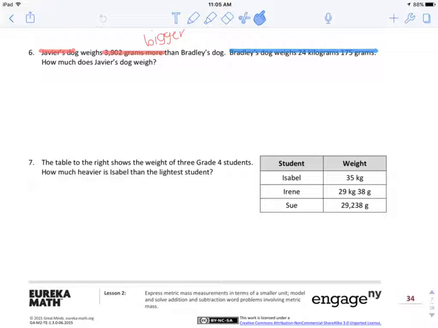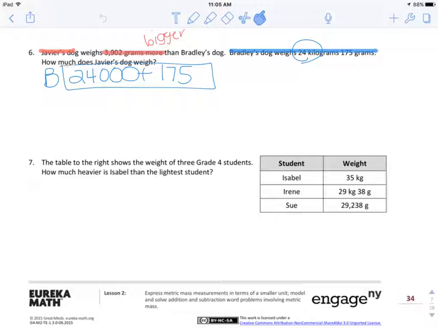Okay, so I'm going to start with Bradley's because that's the one that I know. So Bradley's dog is 24 kilograms, so that's 24,175 grams. Now Javi's dog is more. So for Javi's dog, I'm going to take Bradley's dog, so it's going to be the same, and add the more.